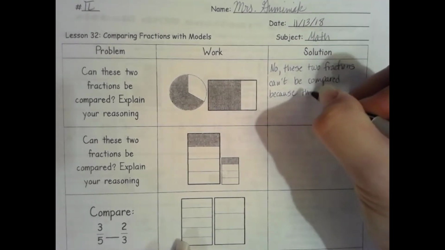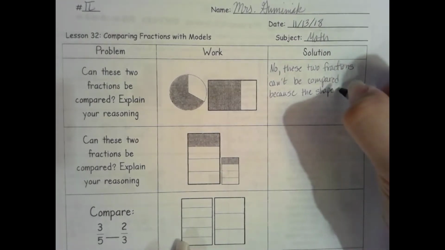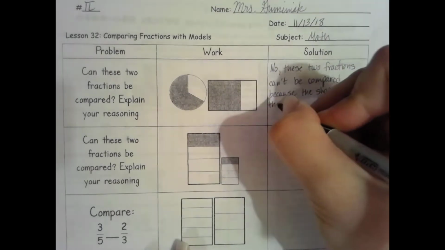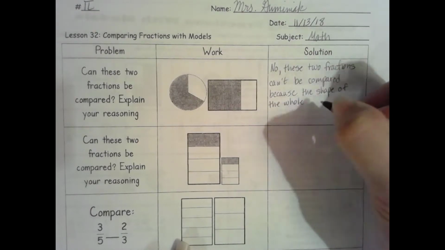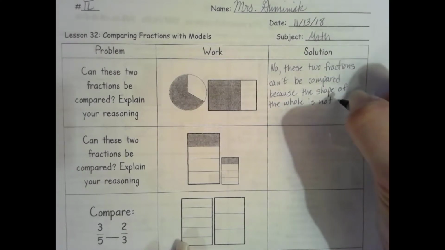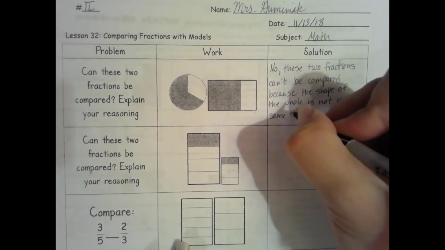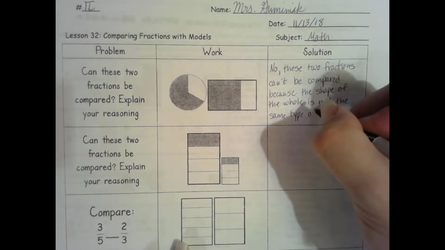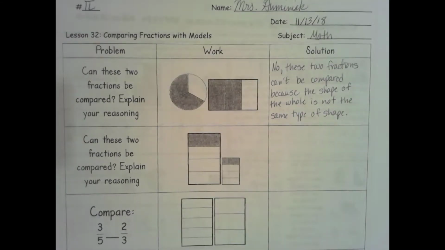Because the shape of the whole, that means the whole thing, is not the same type of shape. We have one circle, we have one rectangle. They're not the same type of shape, so we can't compare them. They have to be the same type of shape.